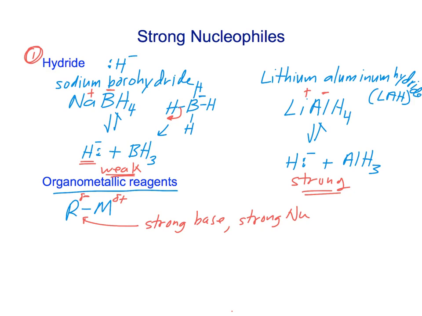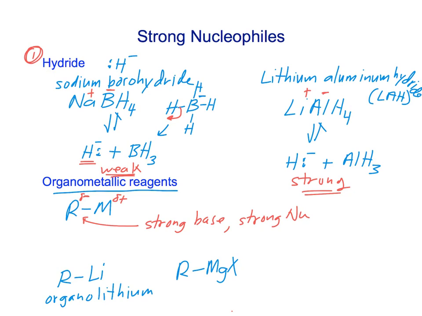We have 3 versions of this. The first is going to have a lithium. This is called an organolithium. These are essentially acting as a carbanion. The next one looks a little bit different, because it has magnesium here, but magnesium has a valence of 2, so we usually have a halogen on the magnesium.